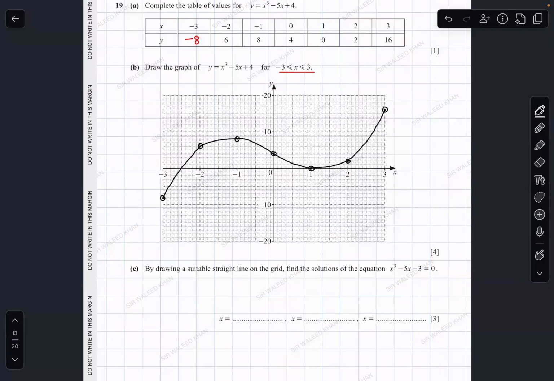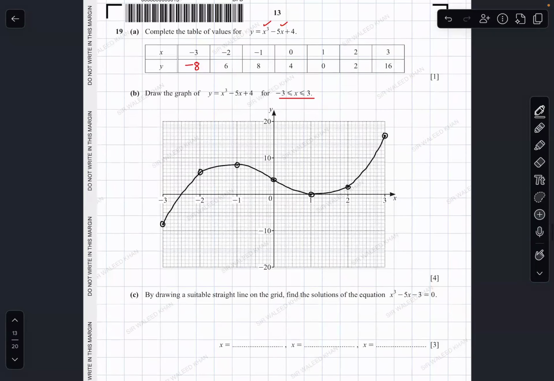By drawing a suitable straight line on the grid, find the solution of the equation this. Okay. So I have to find out the solution of this. Again, using the information: equation of graph.